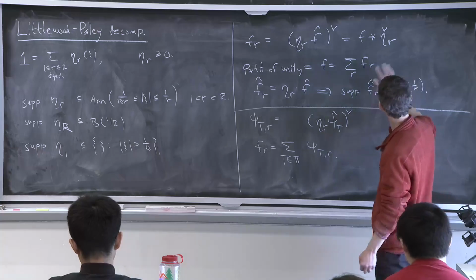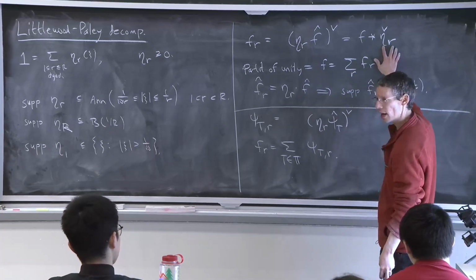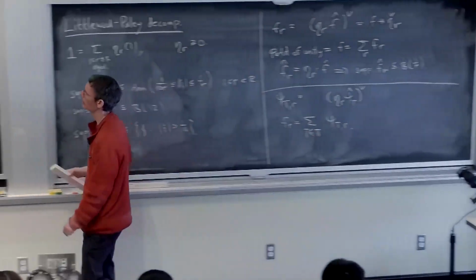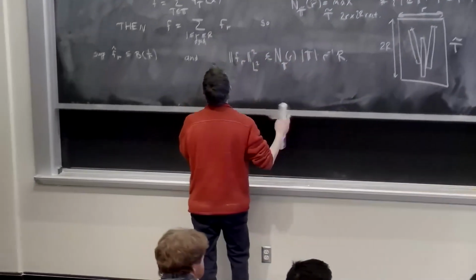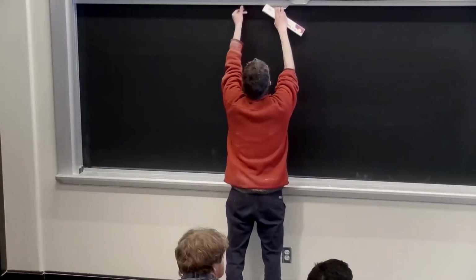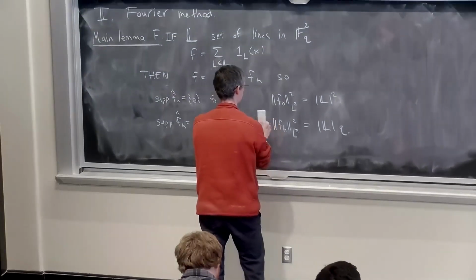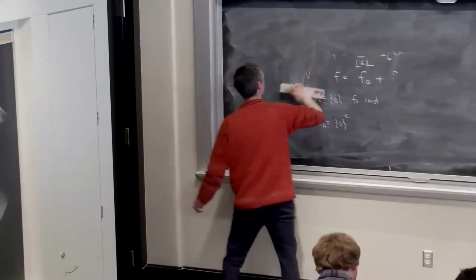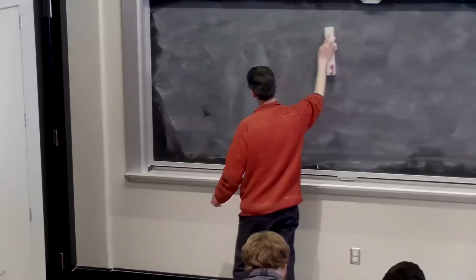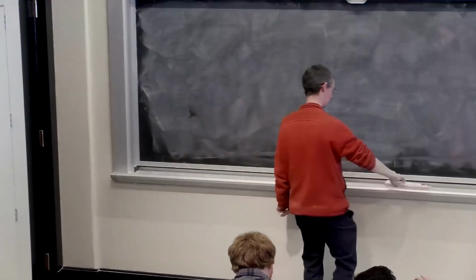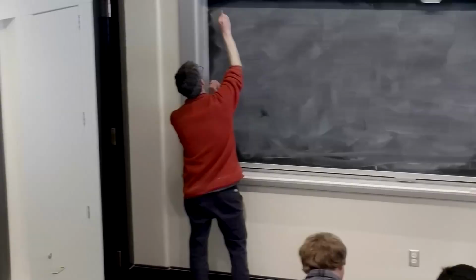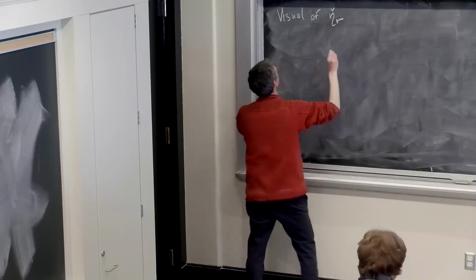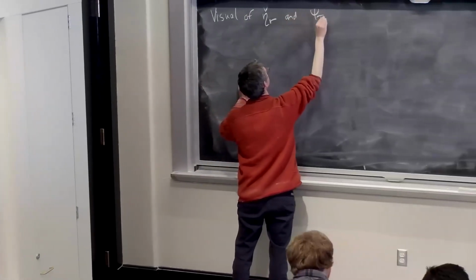OK. So the next thing I'd like to do is to visualize together this function eta r check and this function ctr.